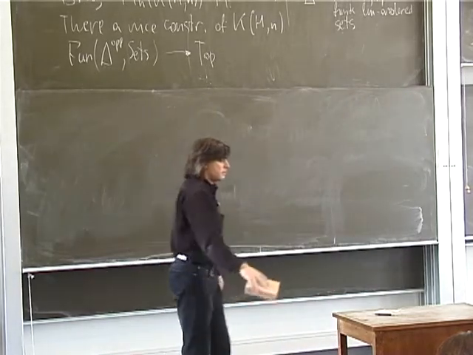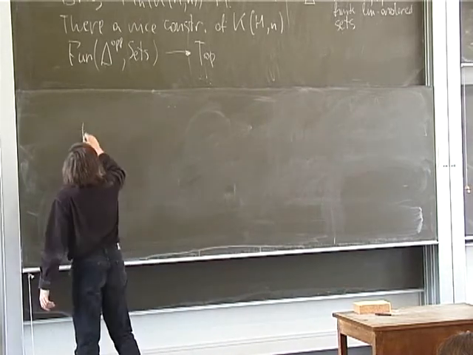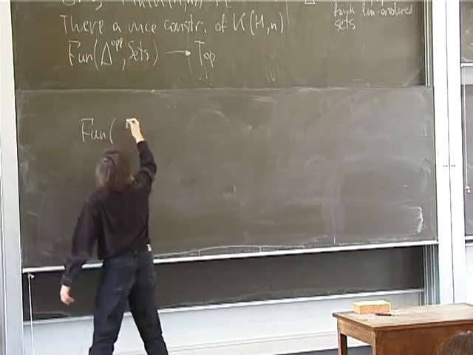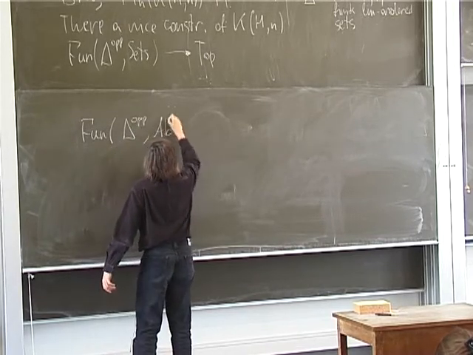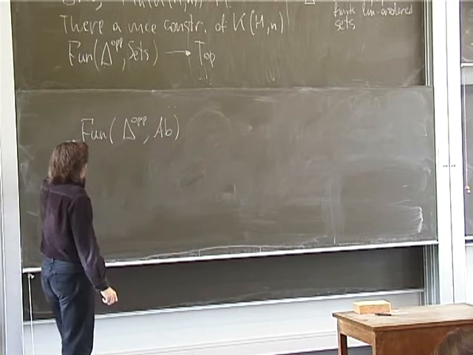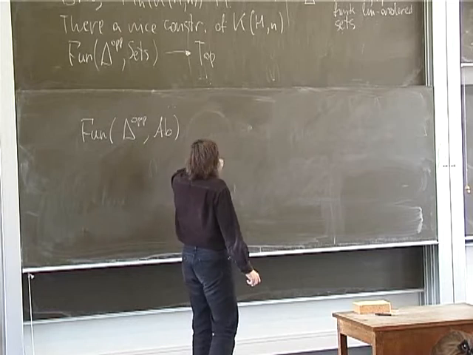So if you consider functors from Delta not just to sets, but to abelian groups, well, this is an abelian category. For any object here, we can take its topological realization.